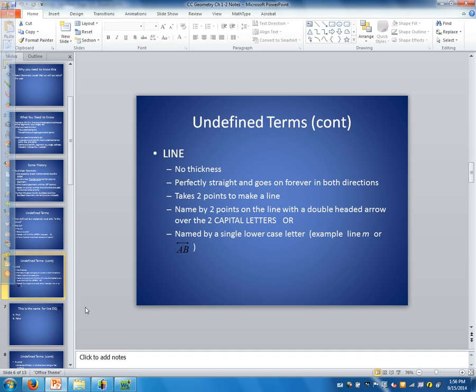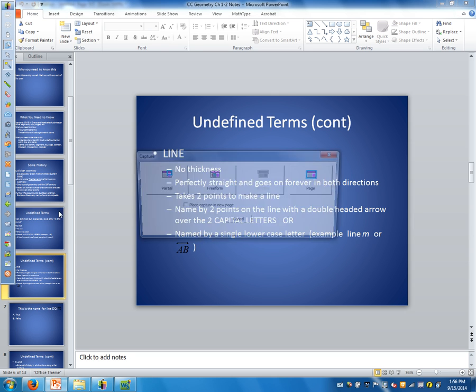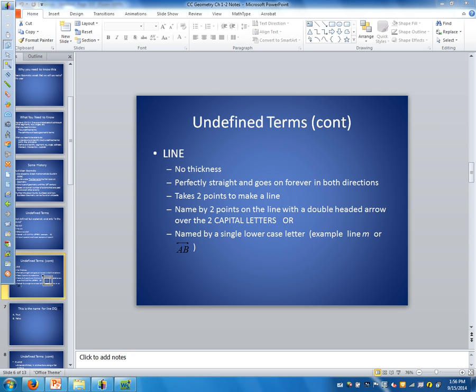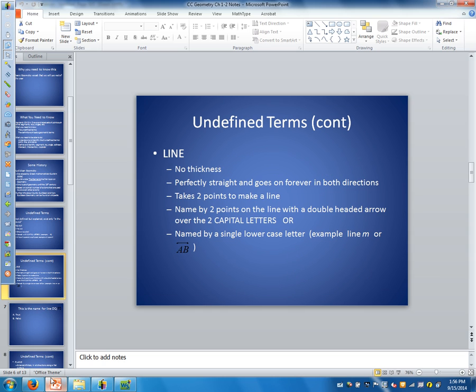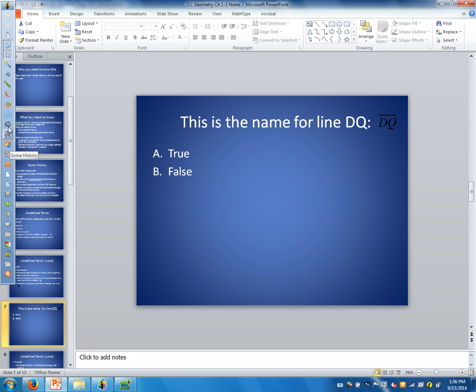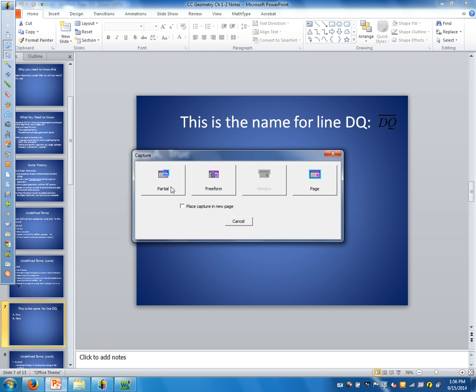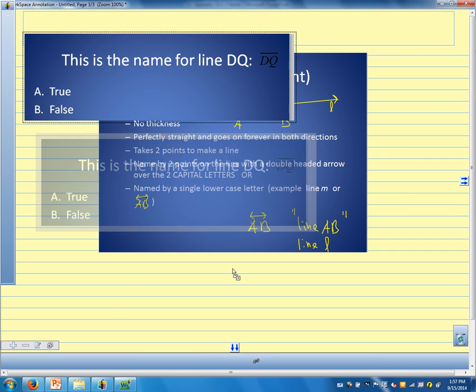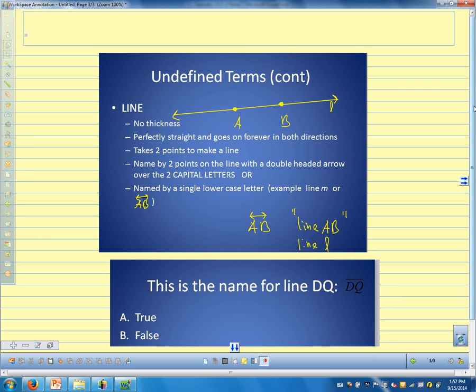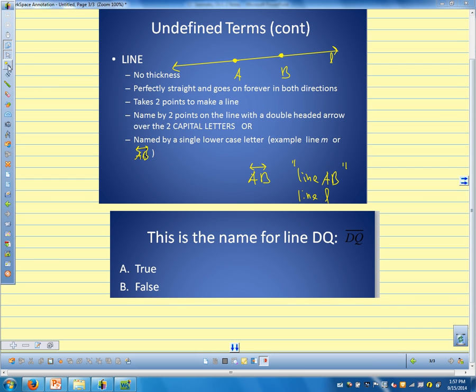Okay, our next, let's see, I have a question for you here. So here's your question, true or false? And here, let me write it up so you can see it. Let me write it in yellow here.